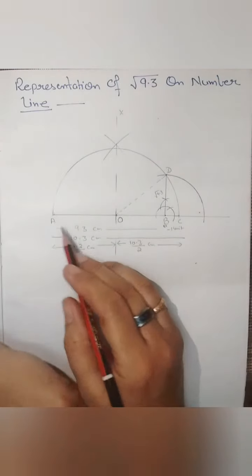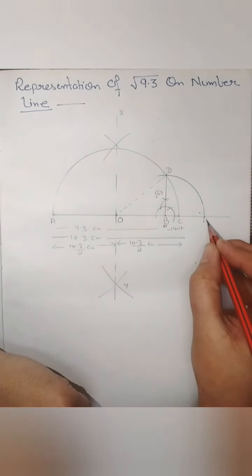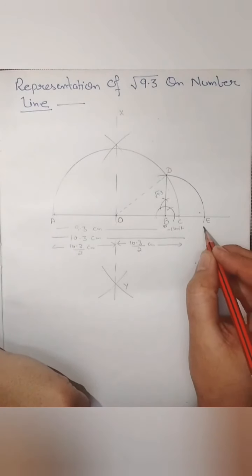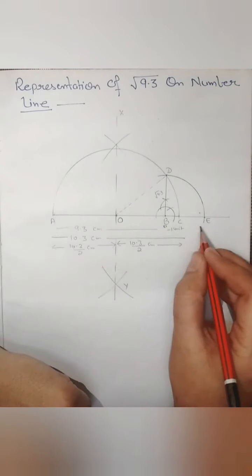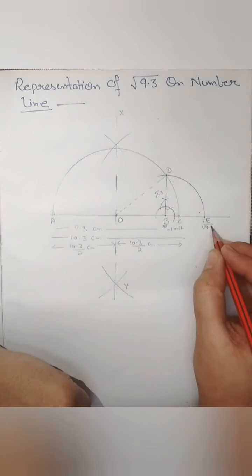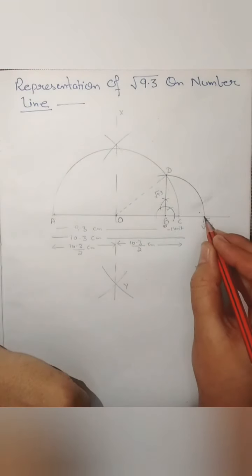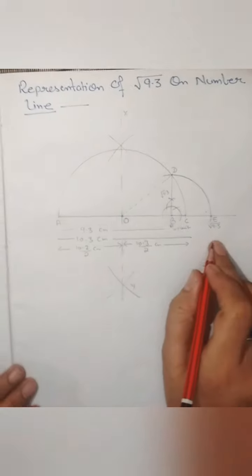This arc intersects the produced AC at a point. Let this point be E. Then this BE will be equal to root 9.3 unit, and this E is representing root 9.3 on the number line.